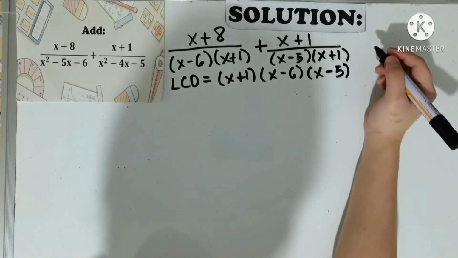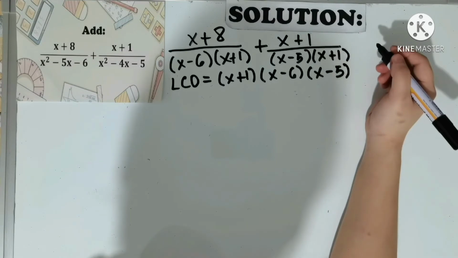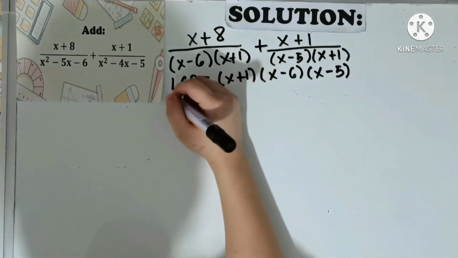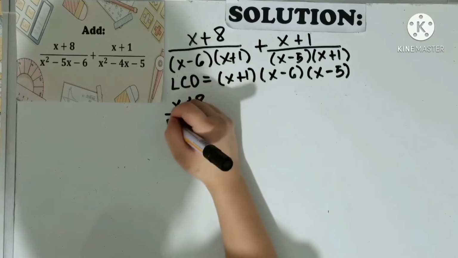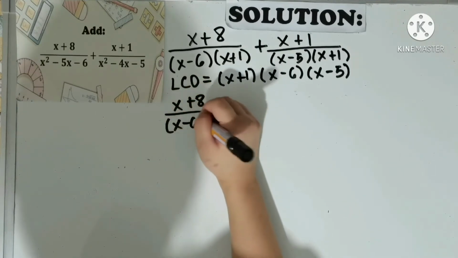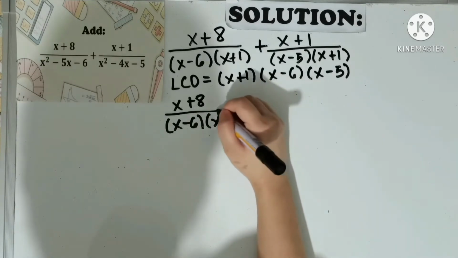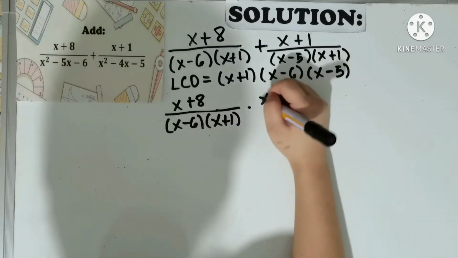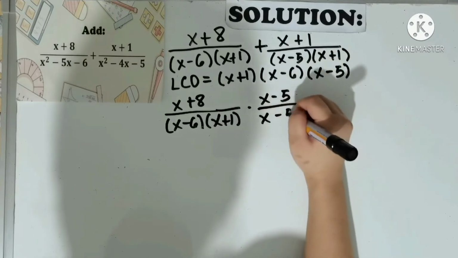Step 2 is to rewrite each rational expression as an equivalent expression whose denominator is the LCD. Let's multiply x plus 8 over the quantity x minus 6 multiplied by the quantity x plus 1 by x minus 5 over x minus 5.